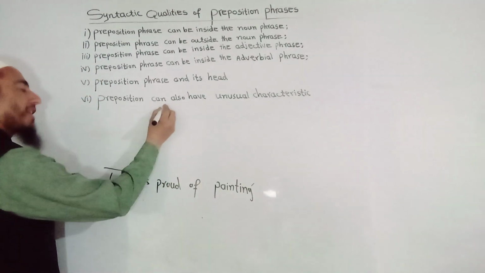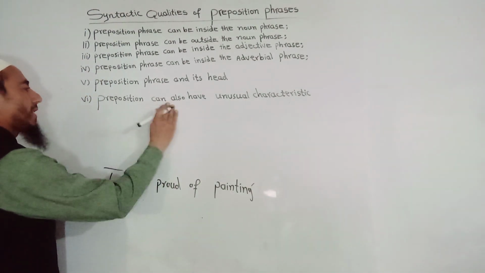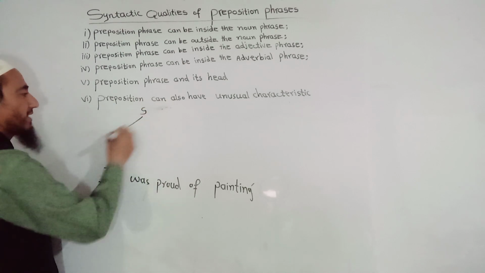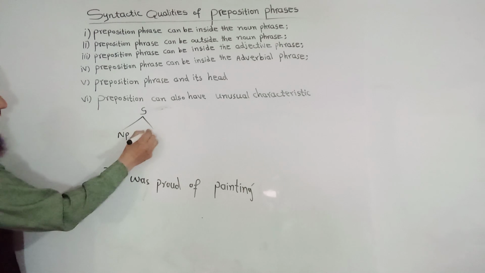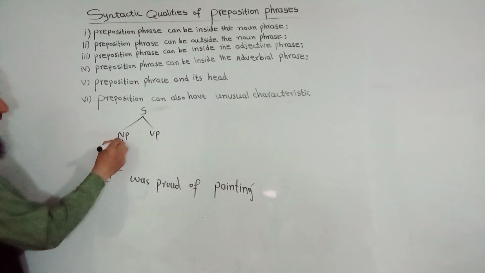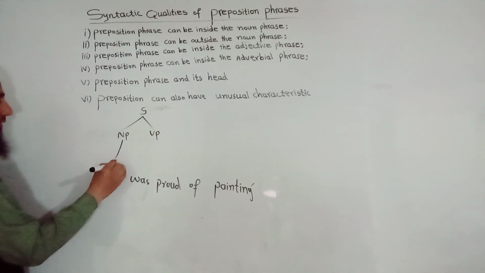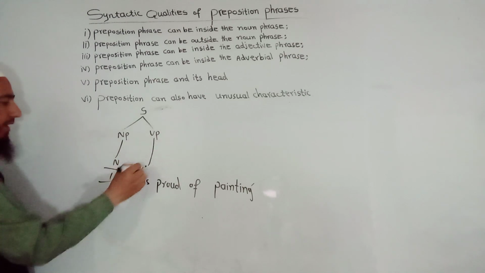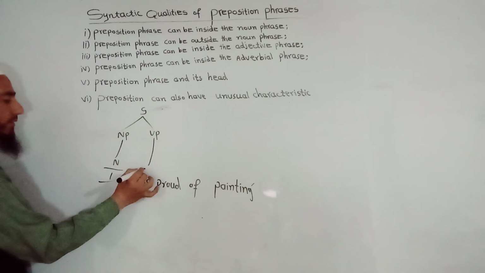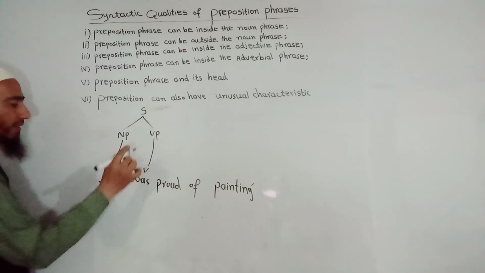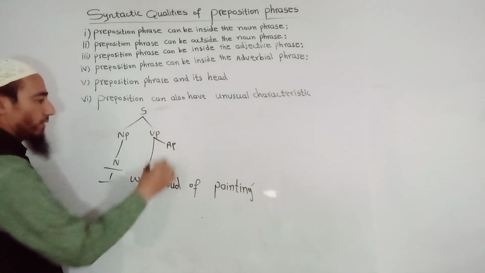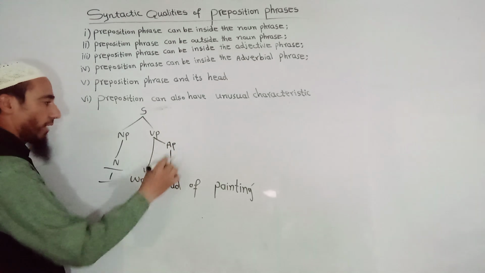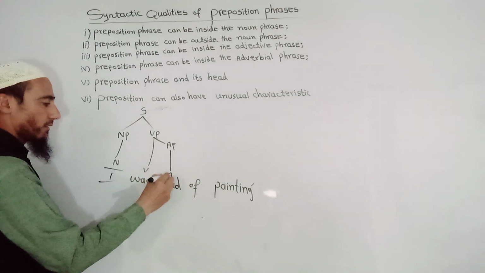Let me draw the diagram of it. We have S, which means sentence. Then we have NP and VP. In NP we have I, that is N. And we have the linking verb, so we are taking it as a verb. And proud, that is AP. AP means adjective phrase.